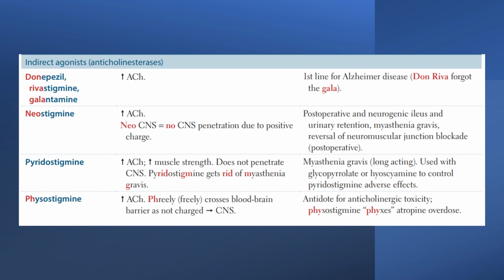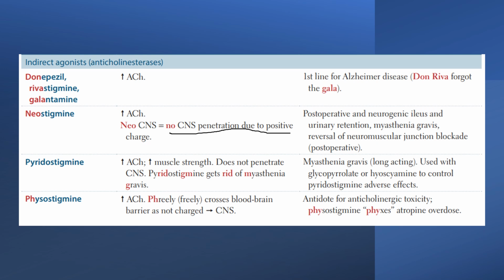Neostigmine also increases acetylcholine at the presynaptic terminal, but it has no CNS penetration due to its positive charge.